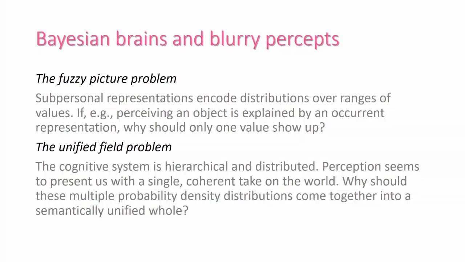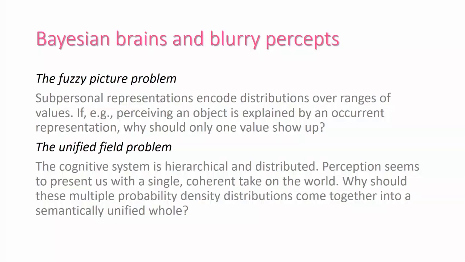On the other hand, I think the distributed character of the underlying representational mechanisms gives rise to this unified field problem. So at any moment in the cycle of prediction, error minimization, and Bayesian updating, there are multiple models at different levels of temporal and spatial detail.